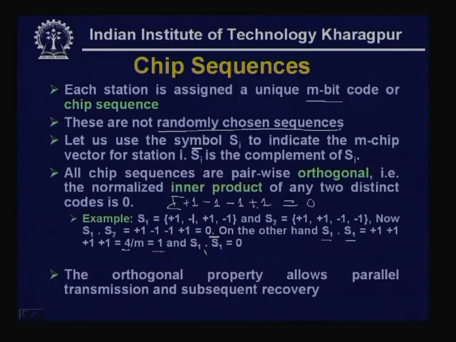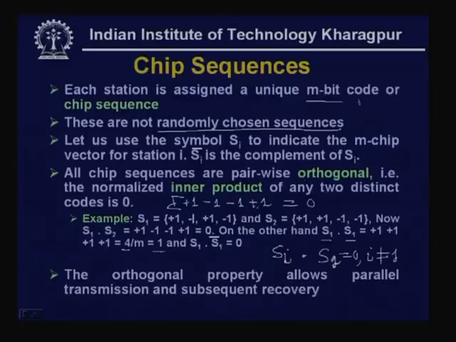On the other hand, if you multiply with the complement, you get again 0. That means if a code Si is multiplied with Sj, where i is not equal to j, then it is 0. And whenever it is multiplied with its complement, it is also 0. So, this is the orthogonality property to be satisfied by the chip sequences.